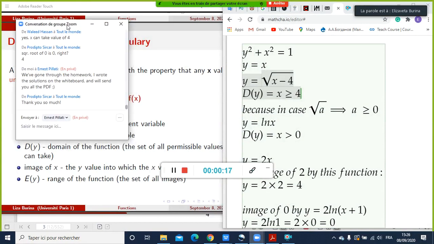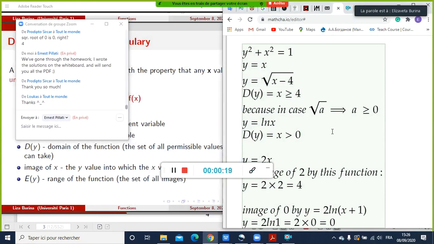Yeah, and I'm gonna show you another example of where x has to be non-zero. So imagine, first of all, in here, certainly x has to be greater than 0, and that's it.